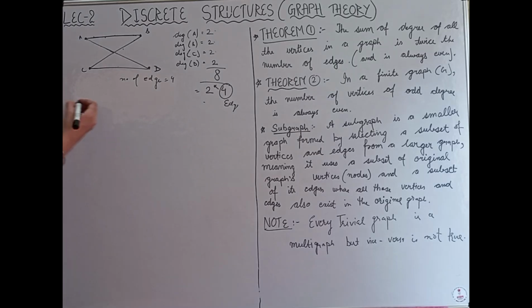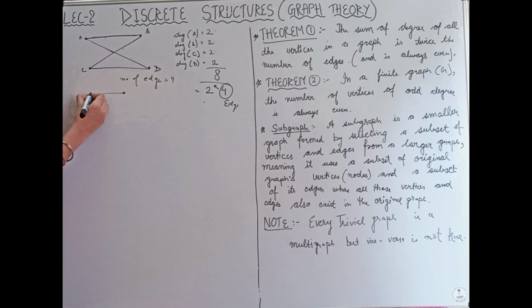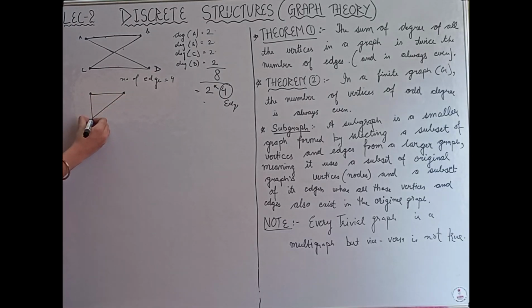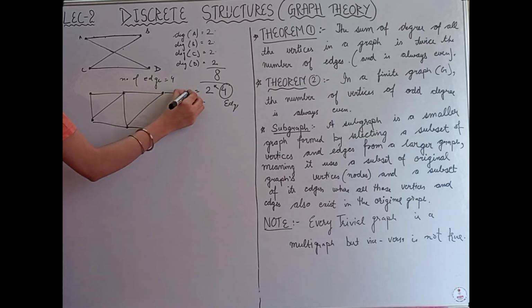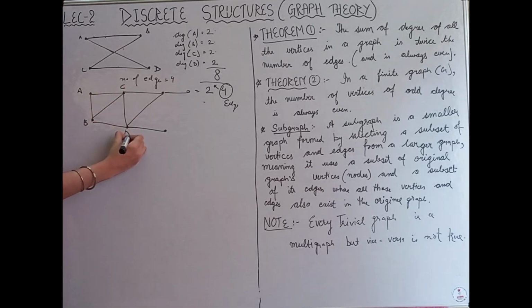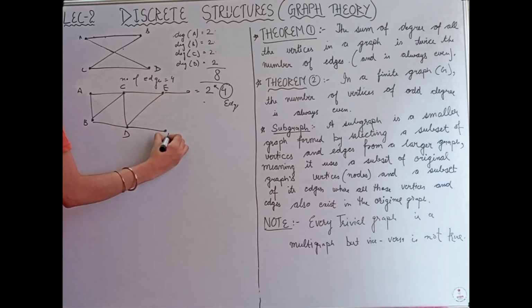So let's take another example, and we'll verify both these theorems in this graph. So let's take any graph by our imagination. This is the graph we have taken. Let's label the vertices A, B, C, D, E, F and G. So let's first of all find the degree of all the vertices.